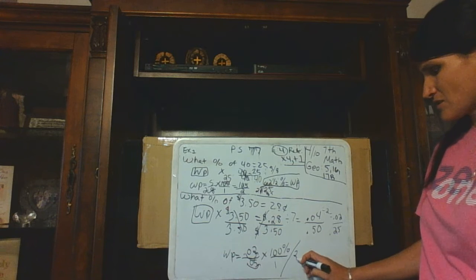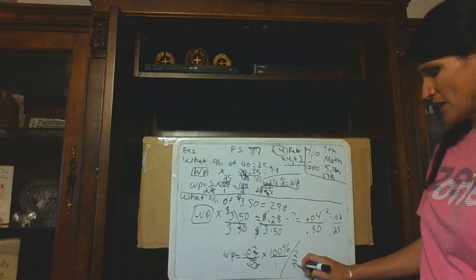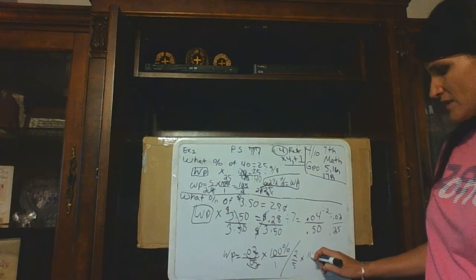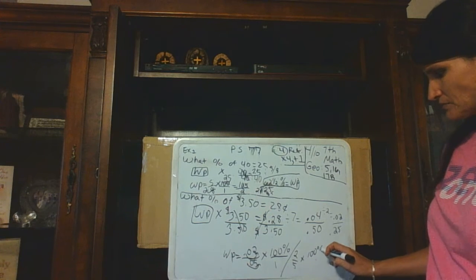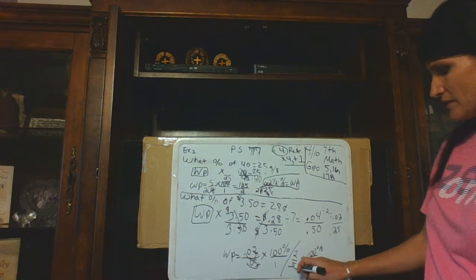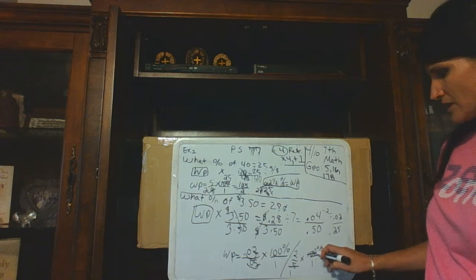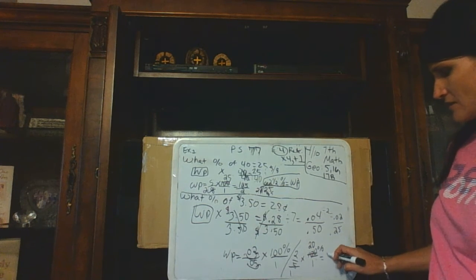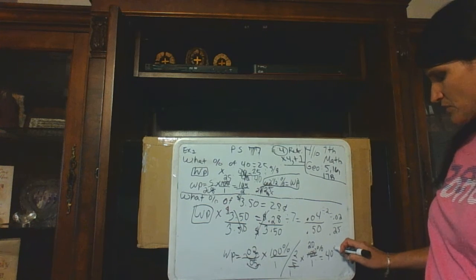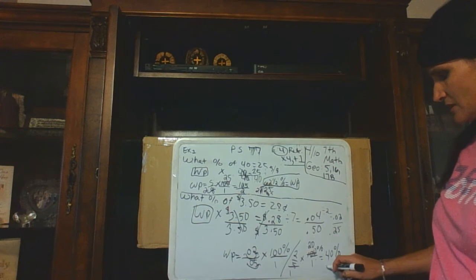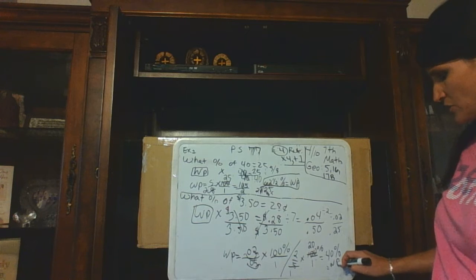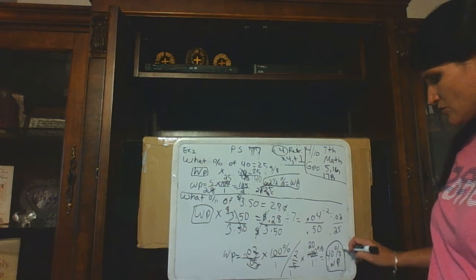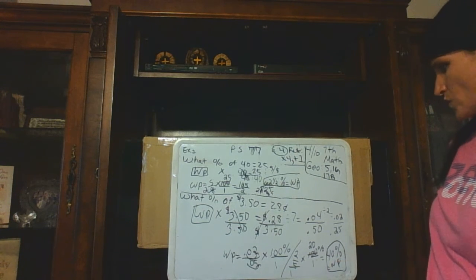So it's going to say 2 over 5 times 100% over 1. Now I can reduce, and I'm going to say 2 times 20 is 40% equals WP. Make sure you put WP because that's the variable that you are solving for.